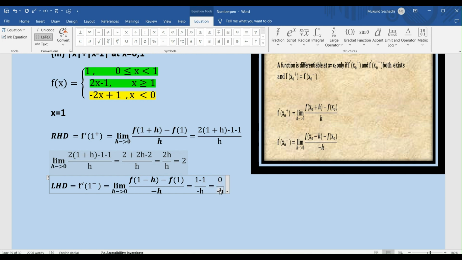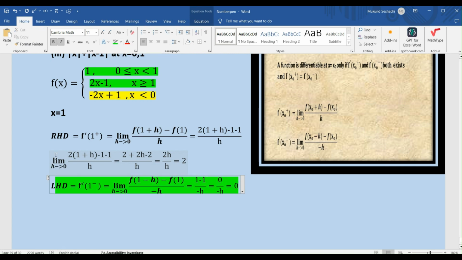h is not exactly 0. So this final form what we have does not take the 0 by 0 form. It is an exact 0 divided by a value which is very close to 0. So please do not get confused here. And what happens to this is nothing but equal to 0, right? So I have my LHD equals 0, my RHD equals 2.